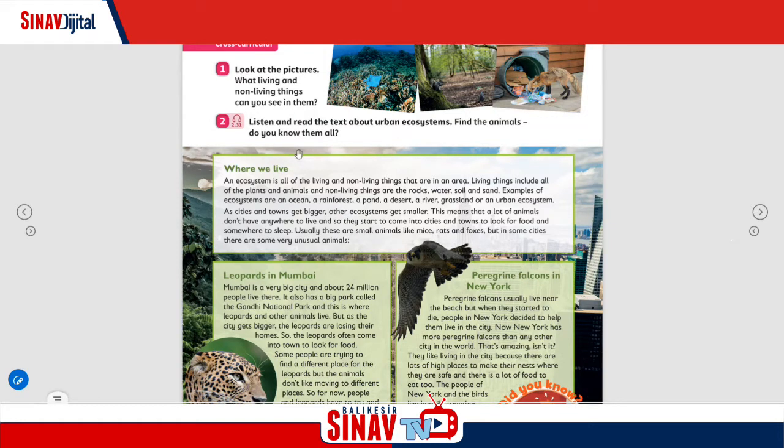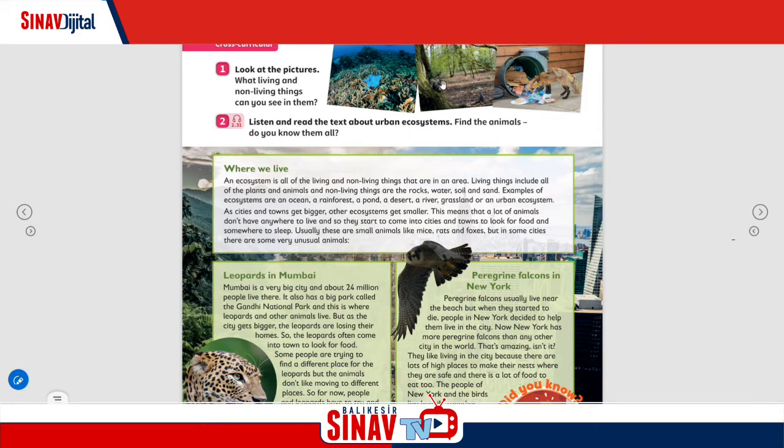Today we are going to talk about ecosystems, living and non-living things. Open your books at page 74 and look at the pictures. What do you see here? Exercise 1 says, what living and non-living things can you see in them? Living.